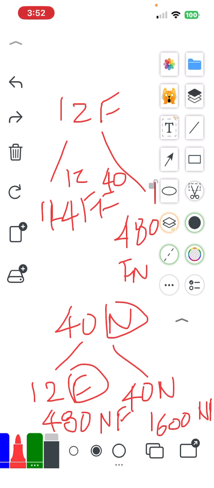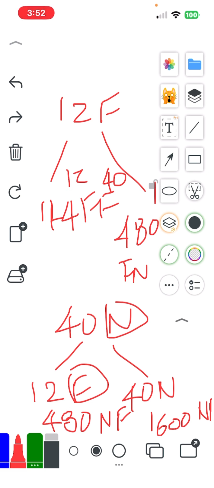All right, so when you figure out your total for your probability, basically what you're doing is you're adding these two and you're using the total as the denominator.